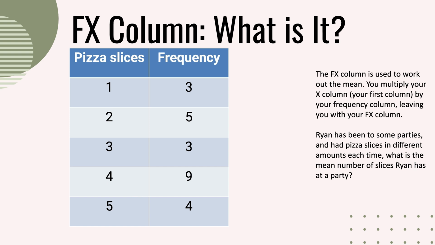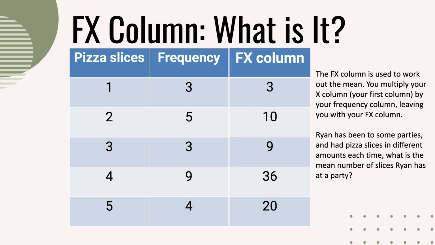To begin with, we write our FX column and we do our x column, such as pizza slices, times our frequency. So if Ryan has 1 pizza slice, he's done this 3 times. He's done 2 pizza slices 5 times, 3 pizza slices 3 times, and so on. So in our FX column, we have 3, 10, 9, 36, and 20.